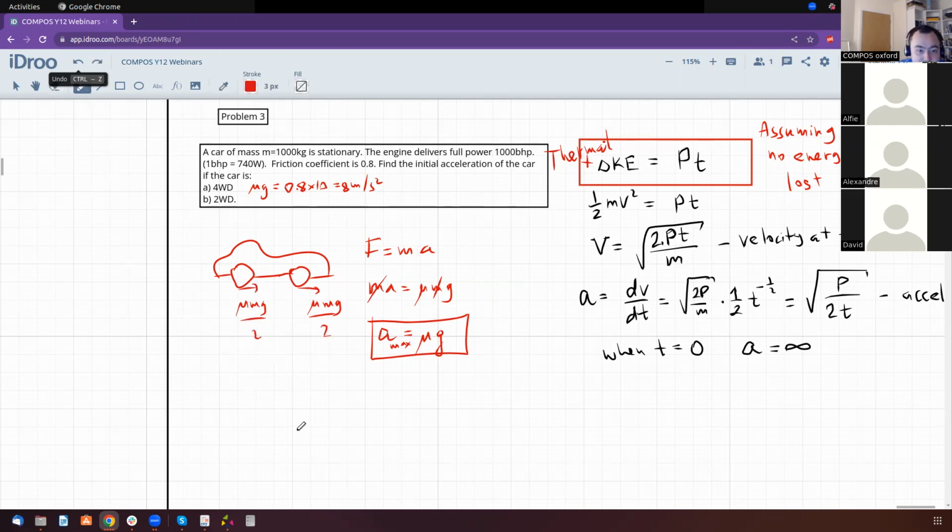So that's the four-wheel drive car. If it's a two-wheel drive car, then F is equal to ma is equal to mu mg over 2, and mass cancels. Acceleration is mu g over 2, which is 4 meters per second squared.